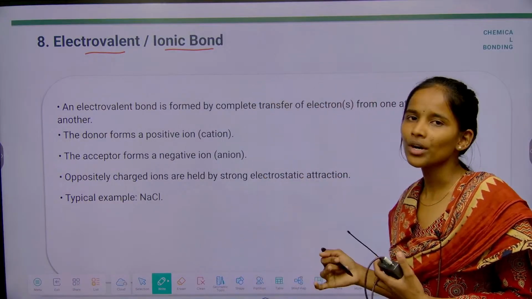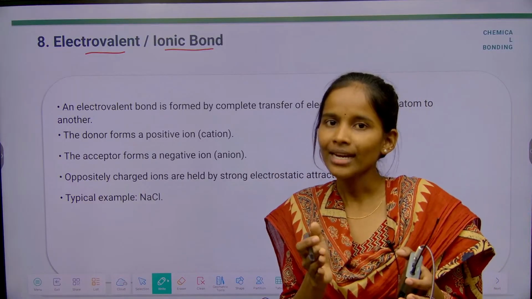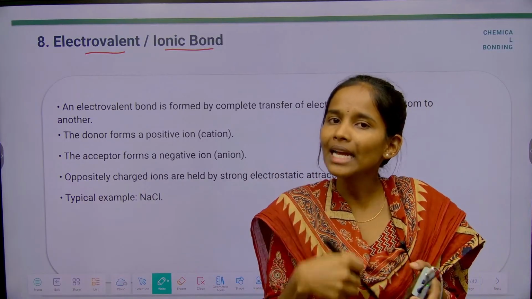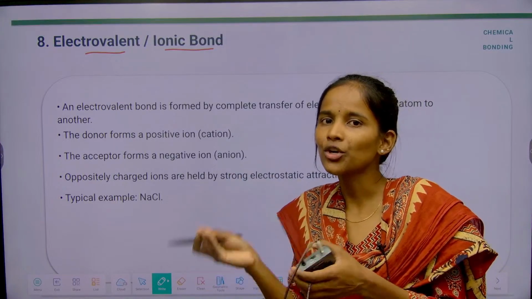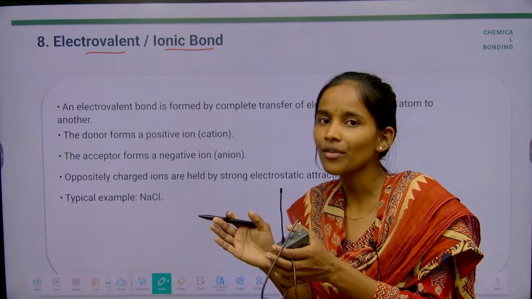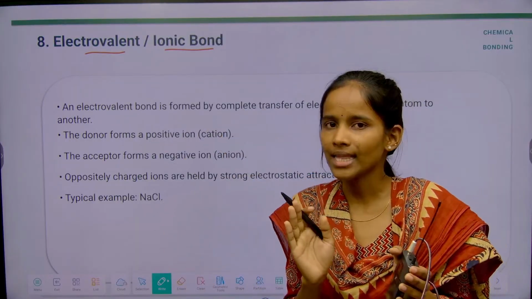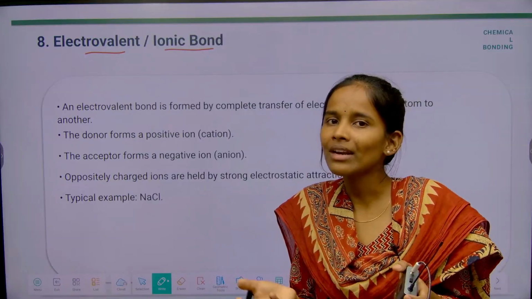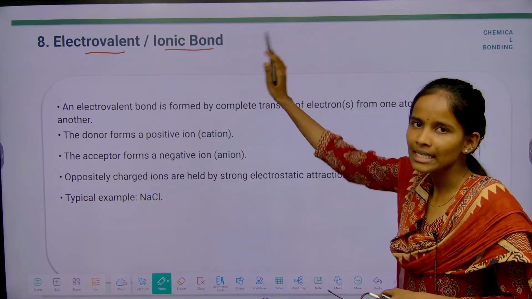Now an ionic bond is formed when one atom completely donates, whatever the excess number of electrons are there, to another atom, whereas the other atom completely accepts those electrons. It will not share anything. Such a type of bond we call an ionic bond.